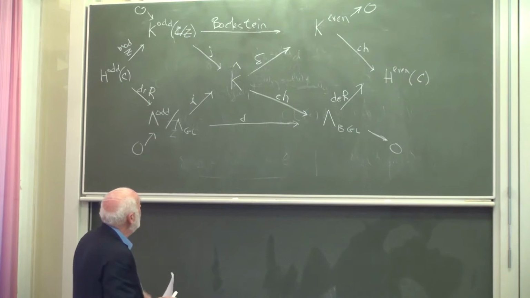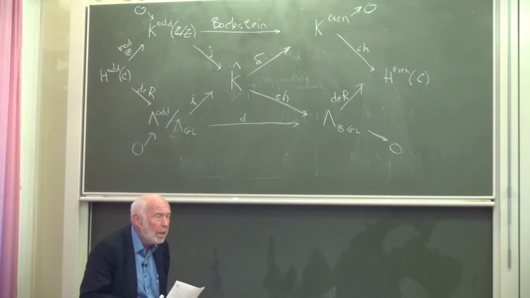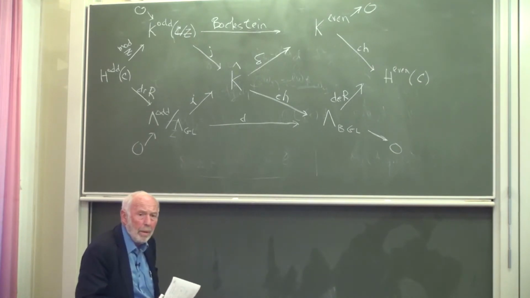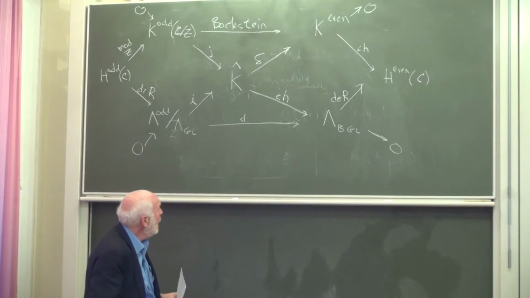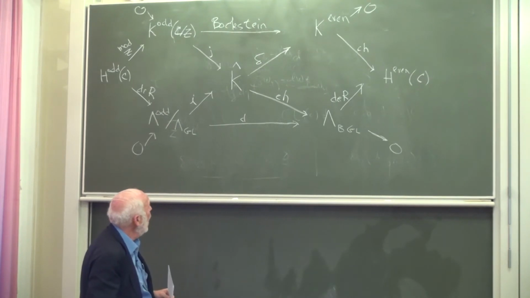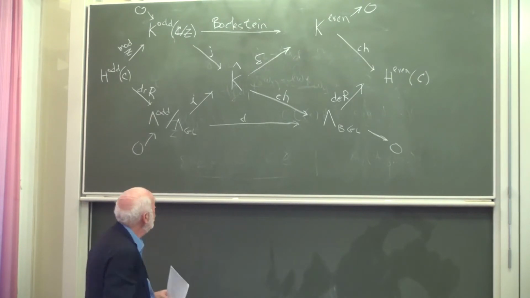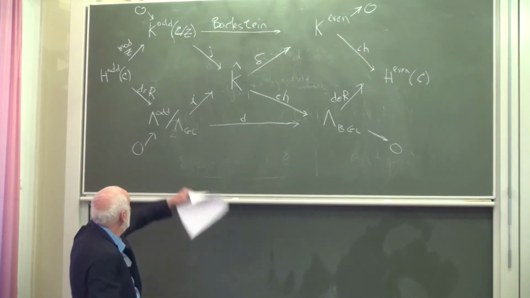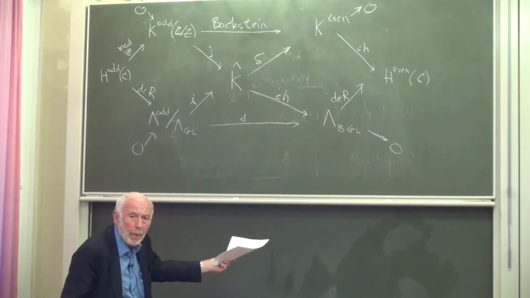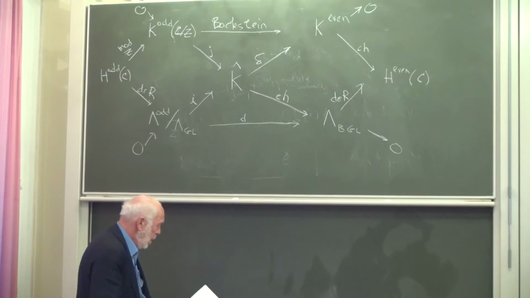And so what is all this about? This is a functor in the middle. And I think that this functor is also uniquely characterized by this diagram. There's no other such functor, K hat, which satisfies all this stuff.